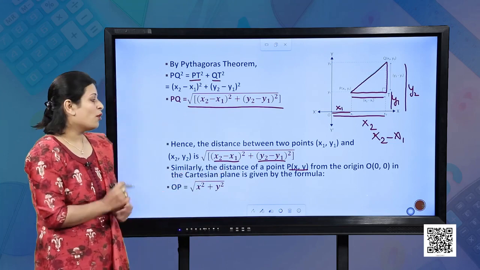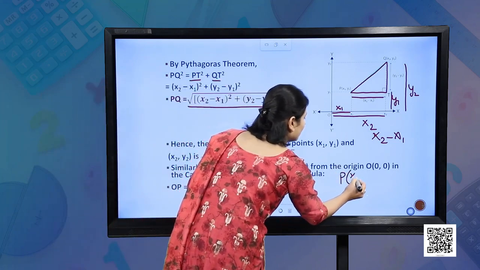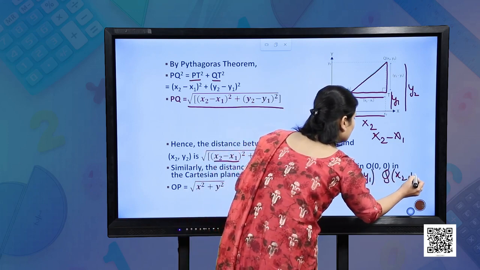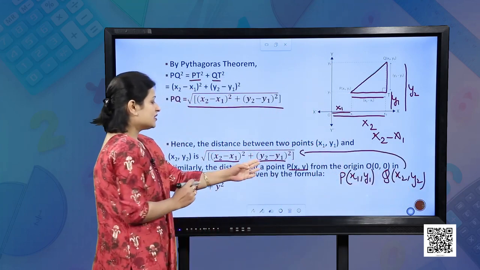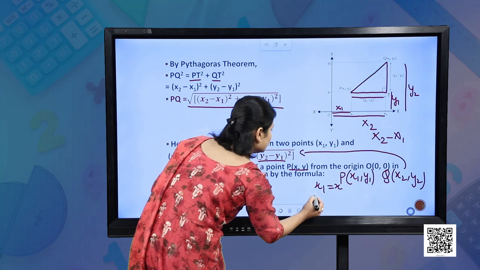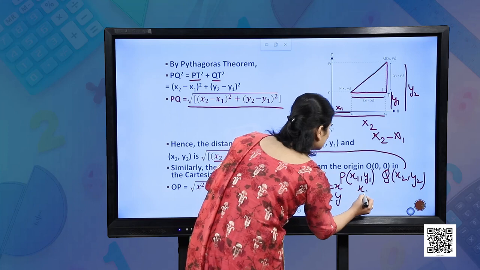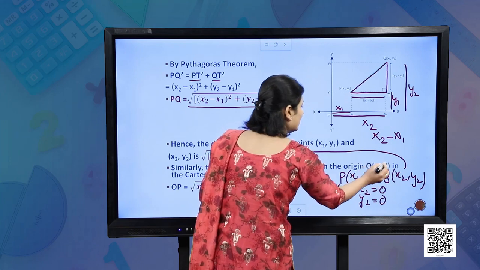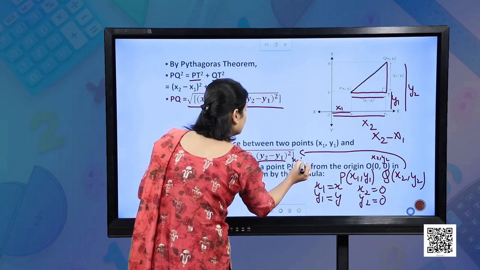What you need to do, as we have taken two points P(x1, y1) and Q(x2, y2), to derive this formula, simply substitute x in place of x1, y in place of y1, and 0 in place of x2 and y2, because this point is (x2, y2) and this point is (x1, y1).